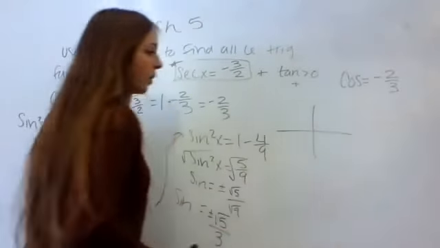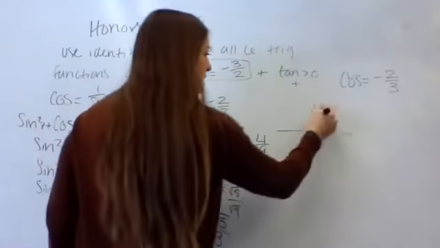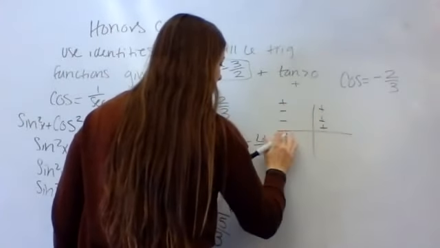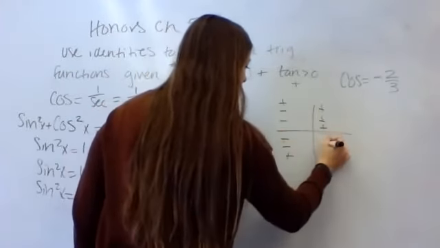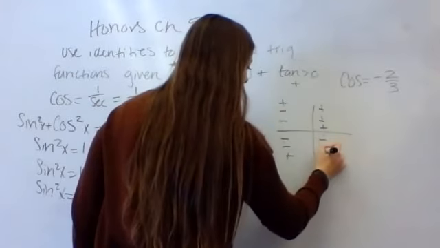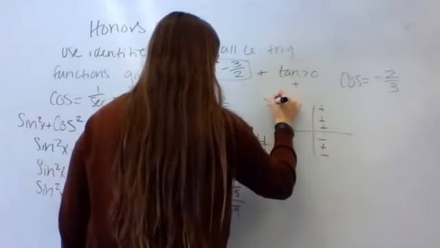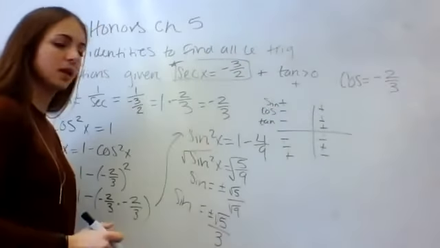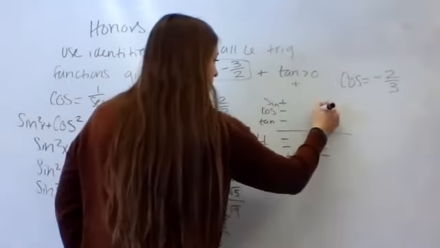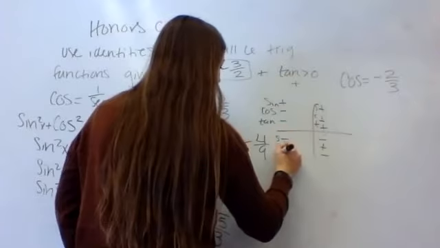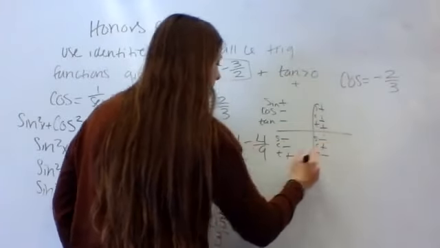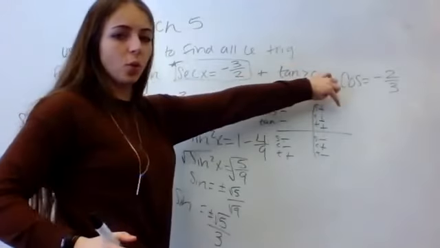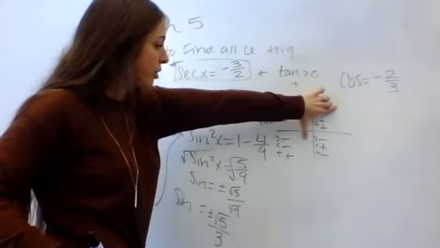So if we think about all of our quadrants where we say all students take calculus, with this being sine, cosine, and tangent, this is all, S, C, T. When we're looking for tangent being positive, that only happens in quadrant 1 and 3.